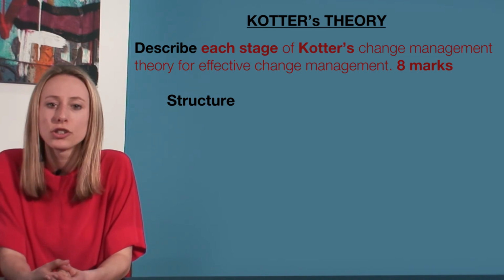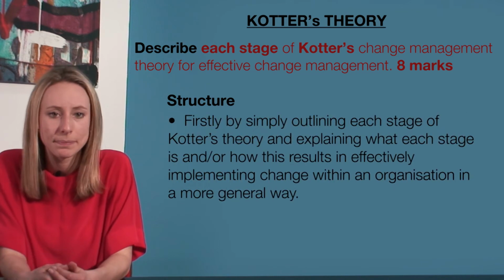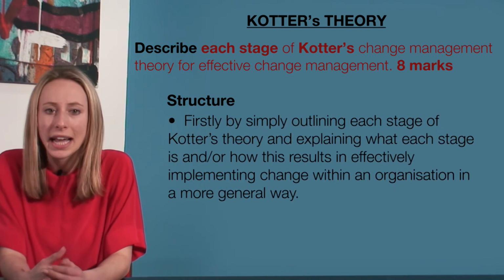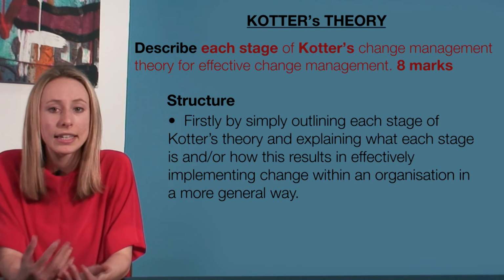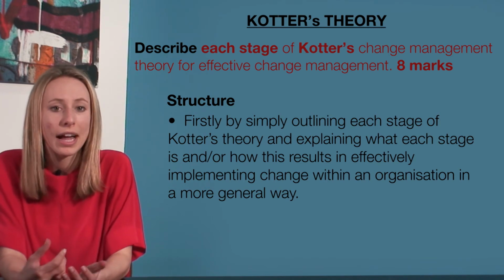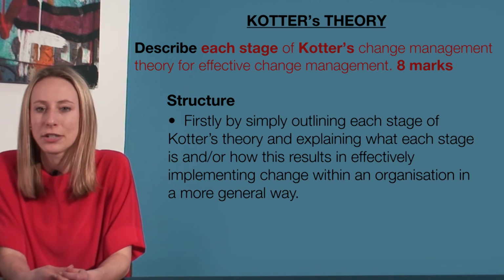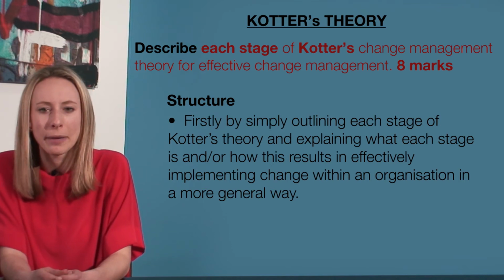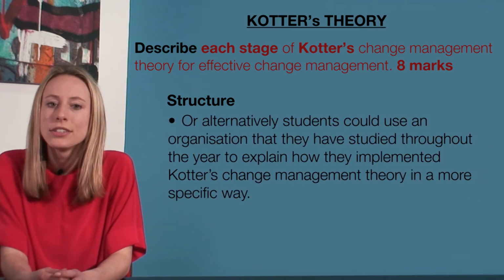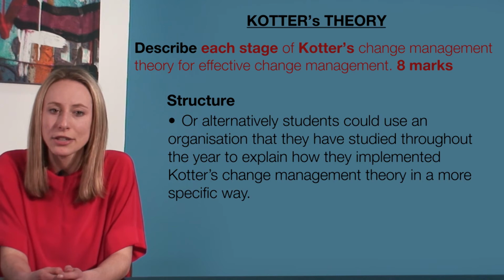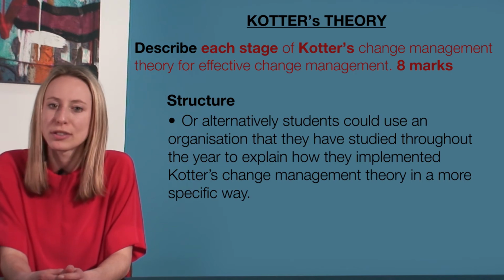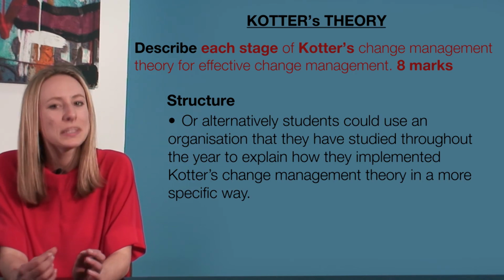Responding to this question should be approached in 2 different ways. Firstly, by simply outlining each stage of Kotter's theory and explaining what each stage is, and or how this results in effectively implementing change within an organisation in a more general way. Alternatively, students could use an organisation that they have studied throughout the year to explain how they implemented Kotter's change management theory in a more specific way.